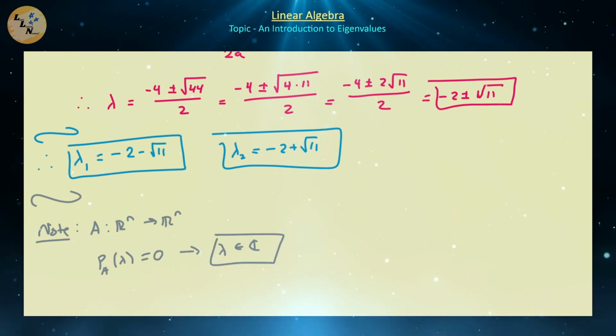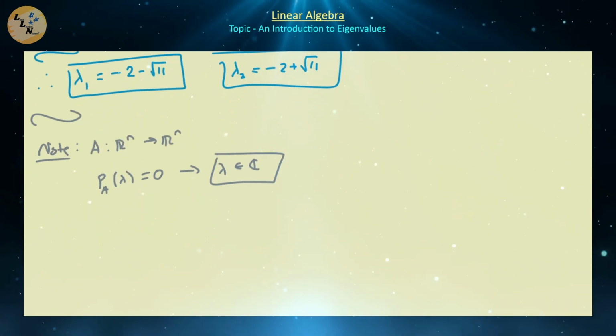So even if your polynomial has real coefficients, it's possible that these lambdas are complex numbers, so do not be scared of that. But if you do remember something from precalculus, if you have a real valued polynomial and you find one complex eigenvalue, the conjugate of that eigenvalue will also be an eigenvalue as well. So that's a nice little property.